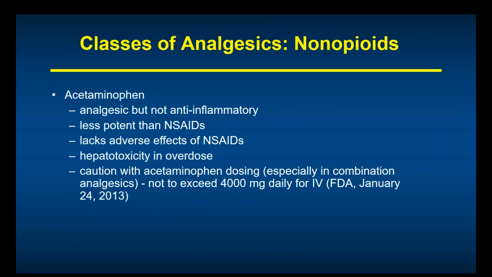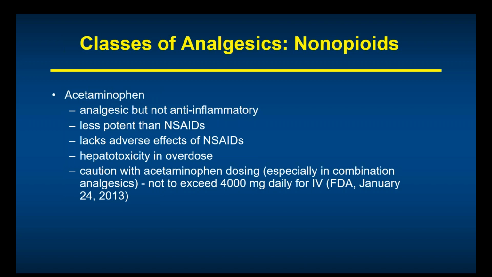There's also acetaminophen. We have oral acetaminophen, but we also have IV acetaminophen, which is used for acute pain in the hospital setting. Generally, patients get a dose after surgery, and then they may get 4 doses per day of 1,000 milligrams.